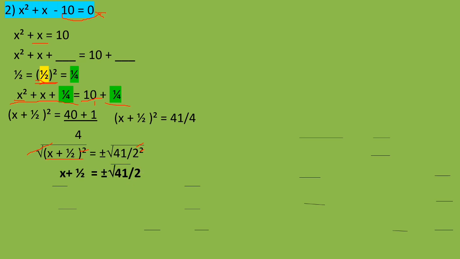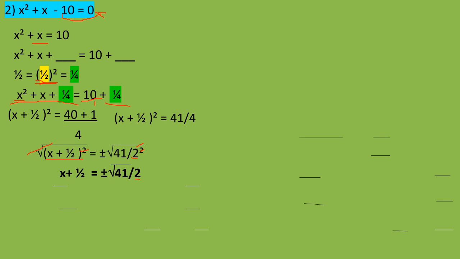So, meron na tayong x plus 1 half. Kopyahin lang natin ang radical nandito is equal to plus minus square root of 41. Hindi siya perfect root, kaya nasa loob pa rin siya ng radical sign. All over 2 squared, perfect siya, kaya si 2 na lang ang kopyahin.